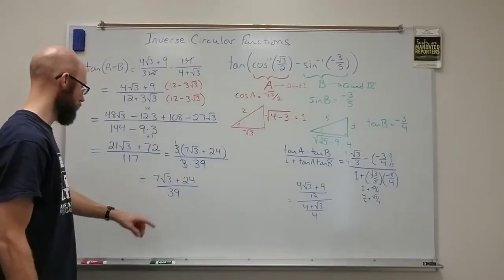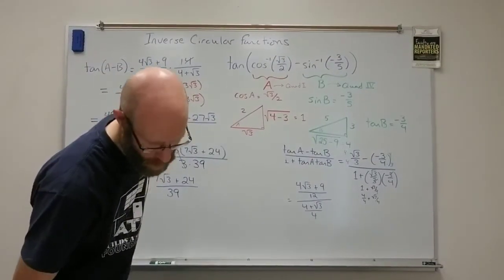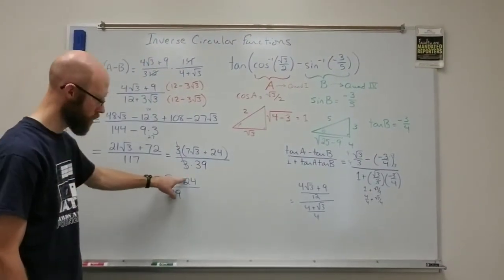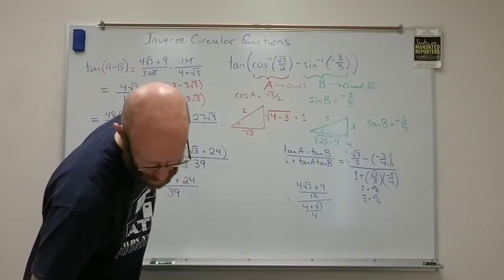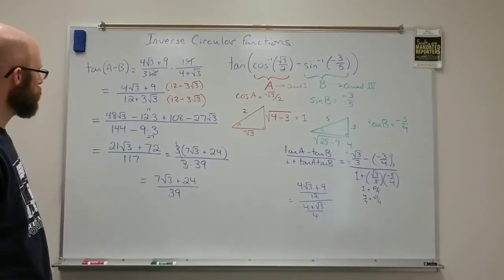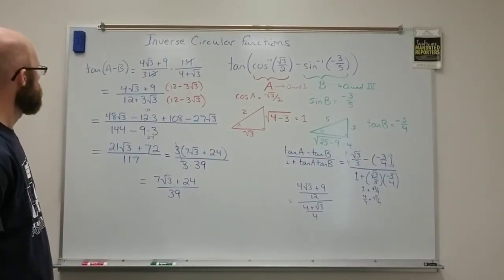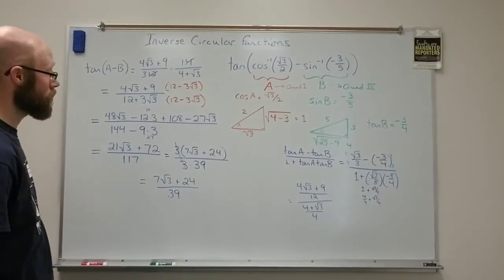Well, my denominator's right, but the rest is not. Let's see. That should be 27 and that should be 48. Really? So apparently I did something wrong along the way. Probably in all this mess up here. Did I copy something wrong?